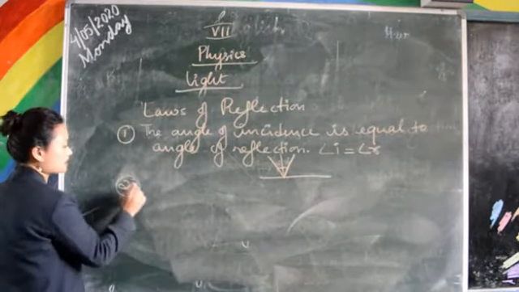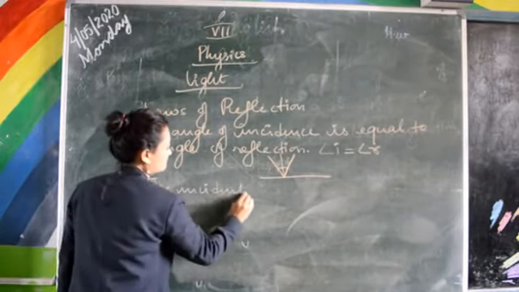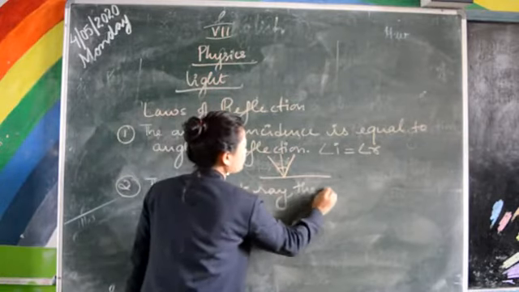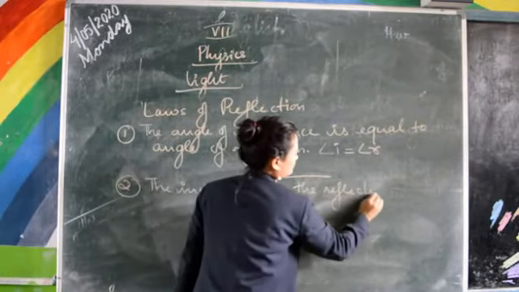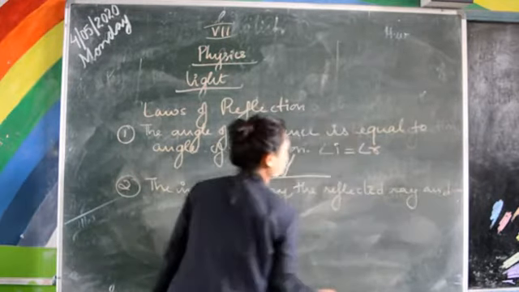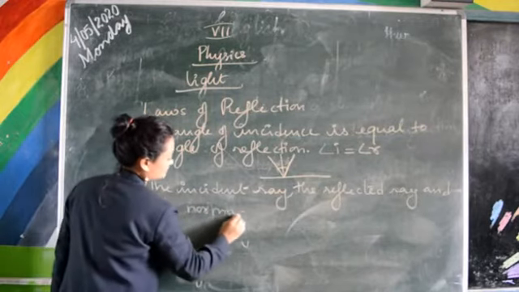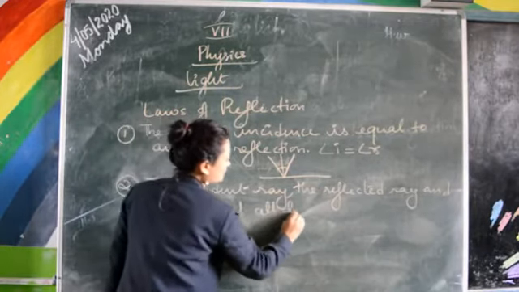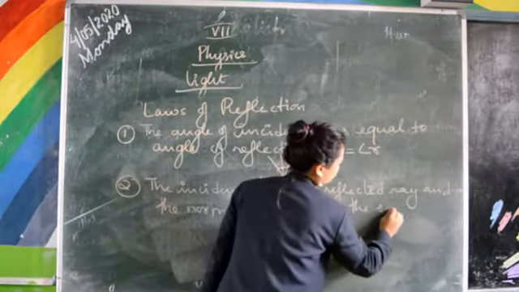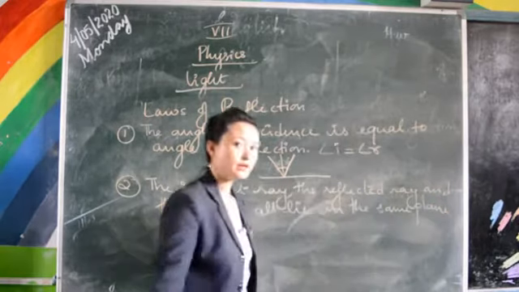The second one is the incident ray, the reflected ray, and the normal all lie in the same plane. What does it mean? What does plane mean?